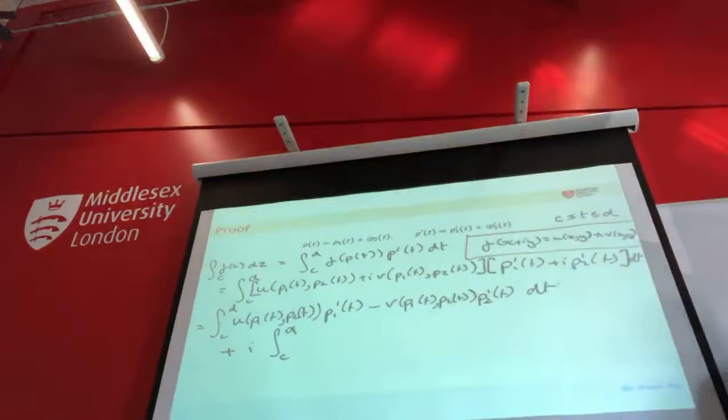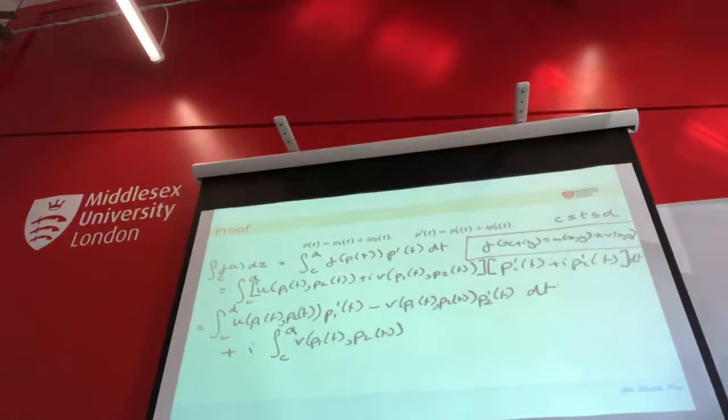So the first one is v of p1 of t, p2 of t multiplied by p1 dashed of t, plus u of p1 of t, p2 of t multiplied by p2 dashed of t.